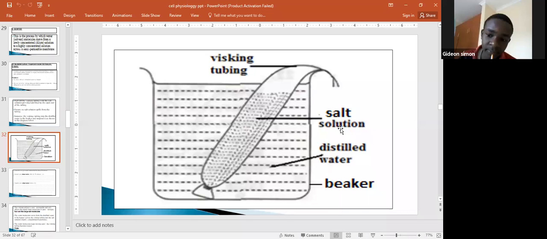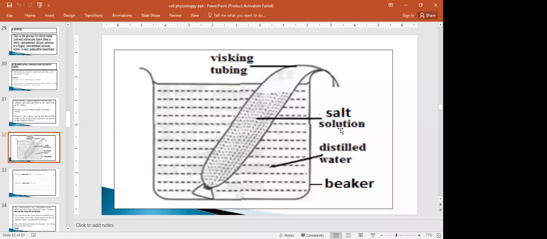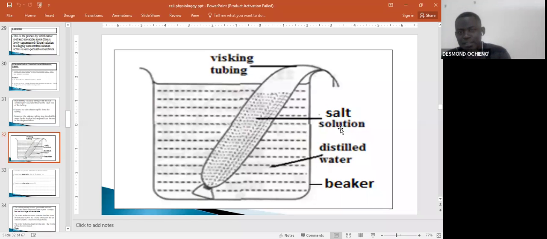More water will move from the beaker to the visking tubing because... Okay, you are not really very clear, but I believe I've gotten your point.